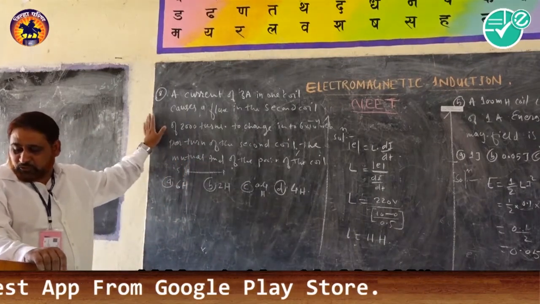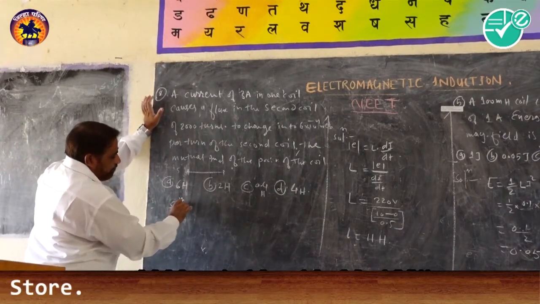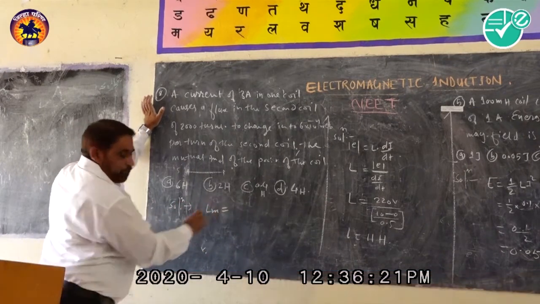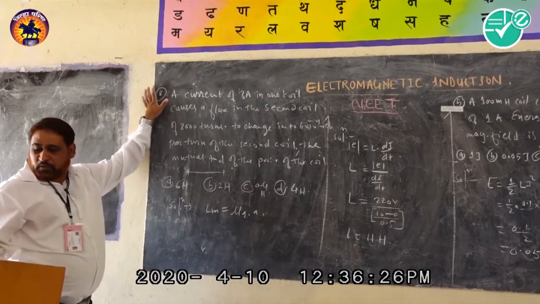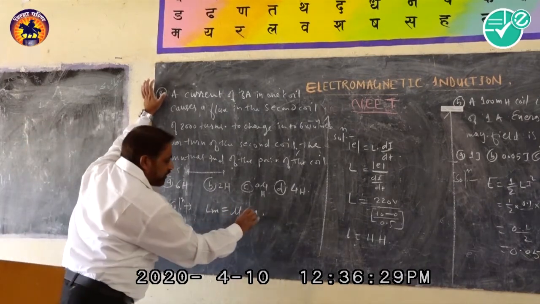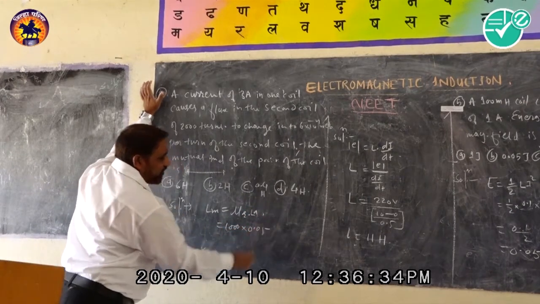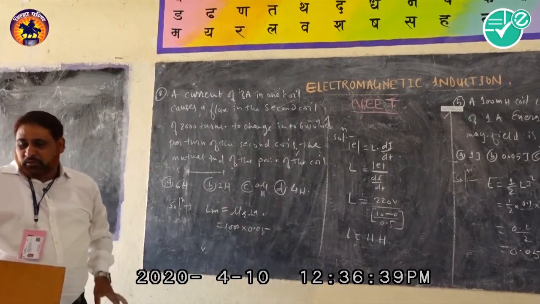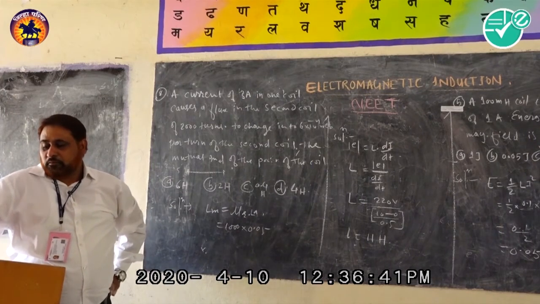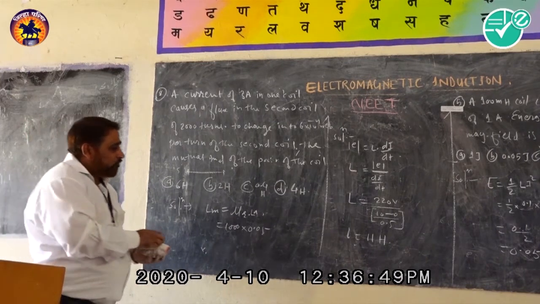Here we have to use the mutual inductance of the second coil, where the flux in the second coil is equal to M into I.